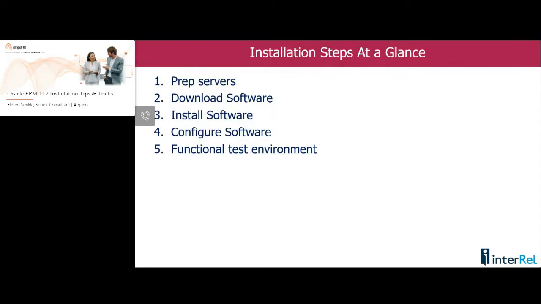And once we get the software downloaded and extracted, we then install the software. Once the installation portion is complete, we then configure the software. And after our configuration, our environment is then ready for what we call, from a high level, a functional test. That's where we go in and just make sure all the communication of the products works and everything actually does what we expect it to do.